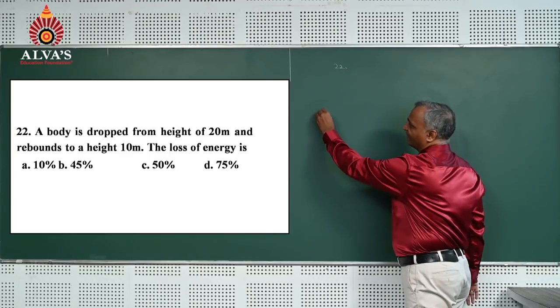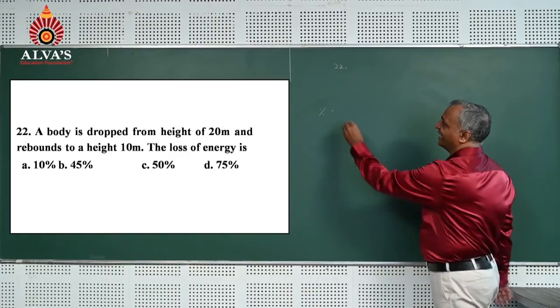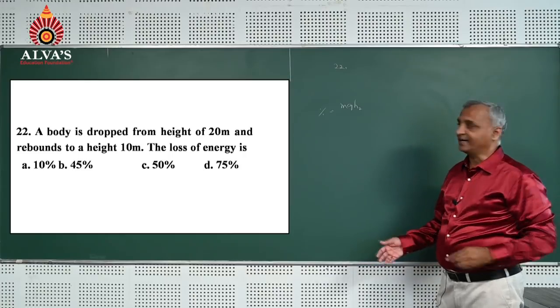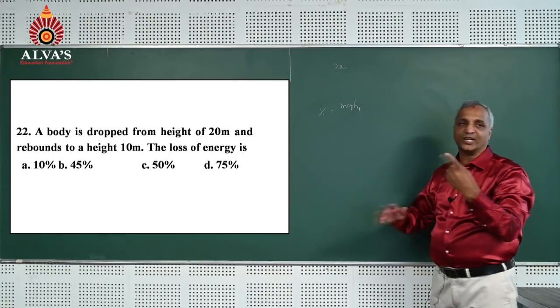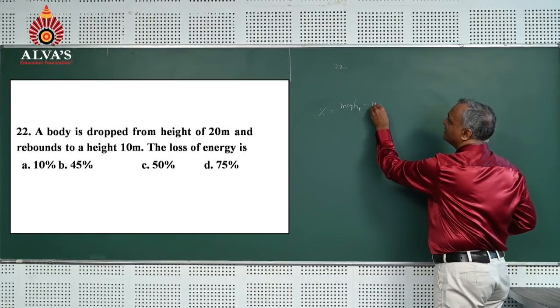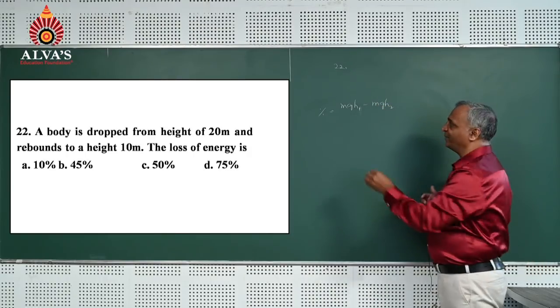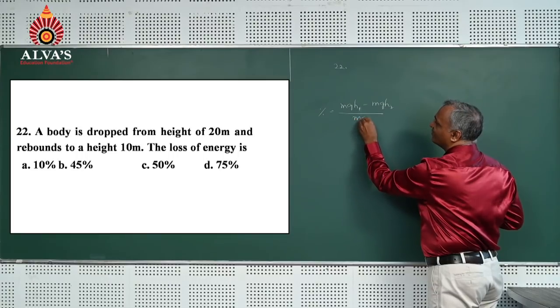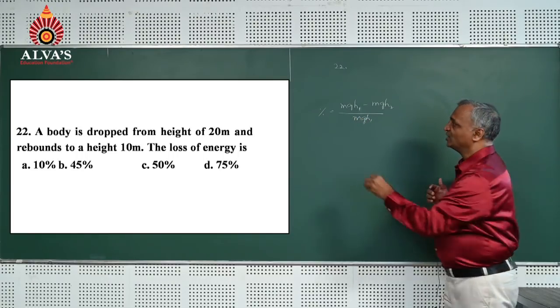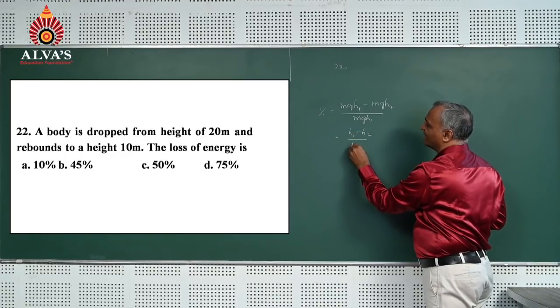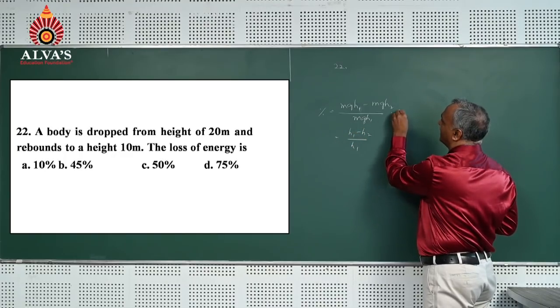But actually if you want to find the percentage, then I can write mgh1 as the initial potential energy, minus mgh2, the potential energy at the second height, divided by mgh1. So mg cancels right through: h1 minus h2 divided by h1, into 100.